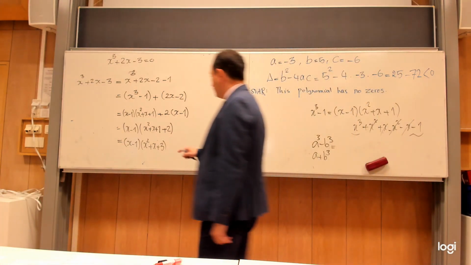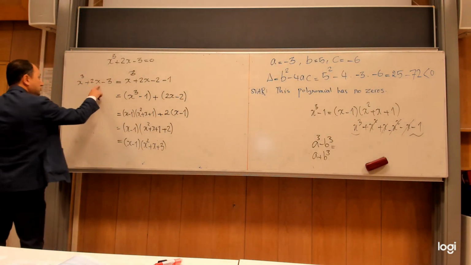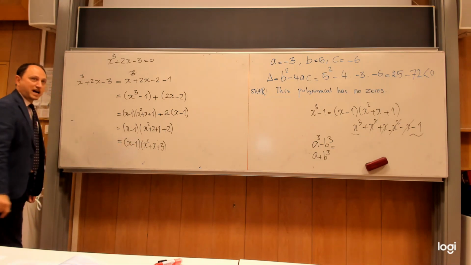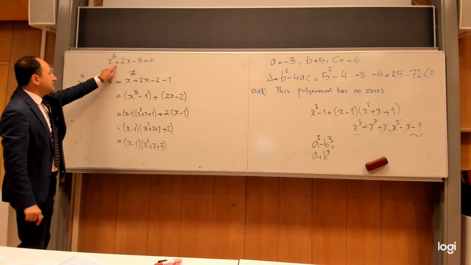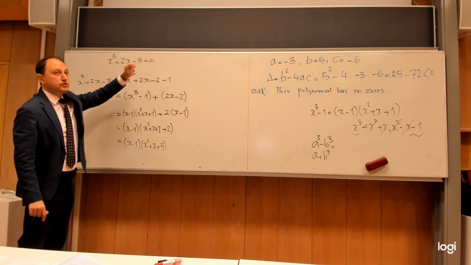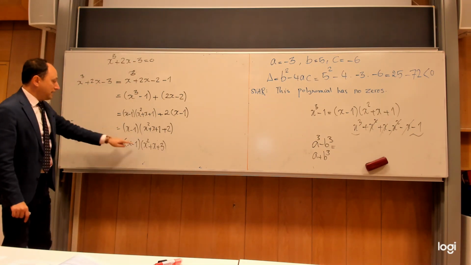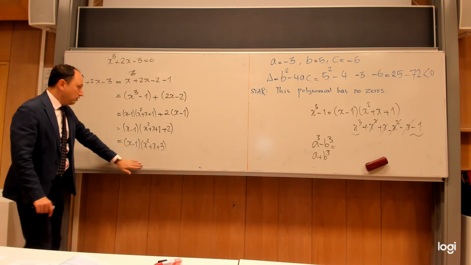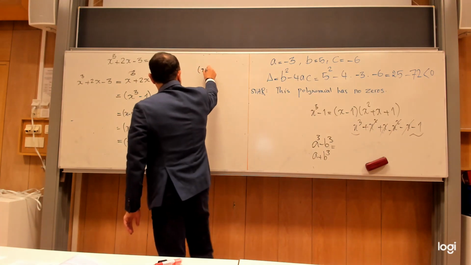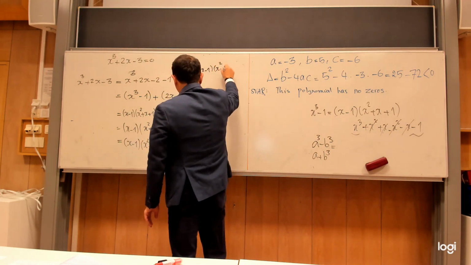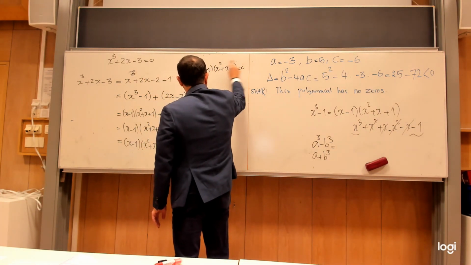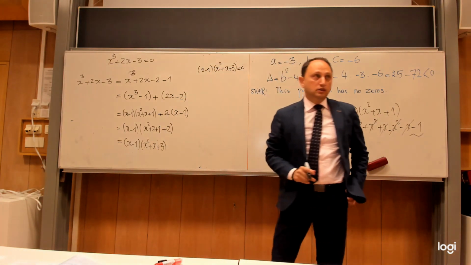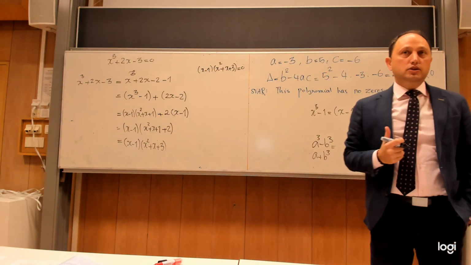Okay, so here, x to the power of 3 plus 2x minus 3 is equal to that. So instead of solving this equal to 0, because this one and that one are equal, I solve the new one equal to 0. But why is this easier?